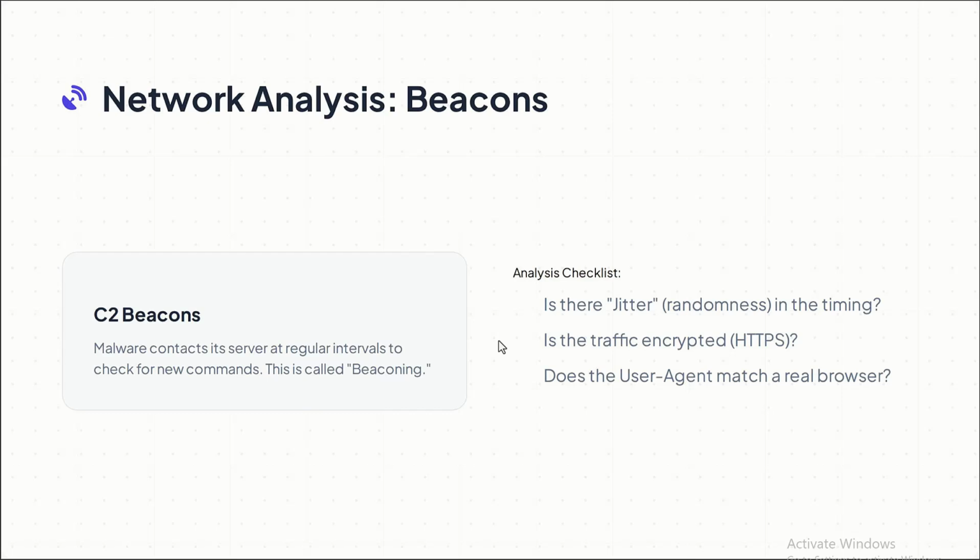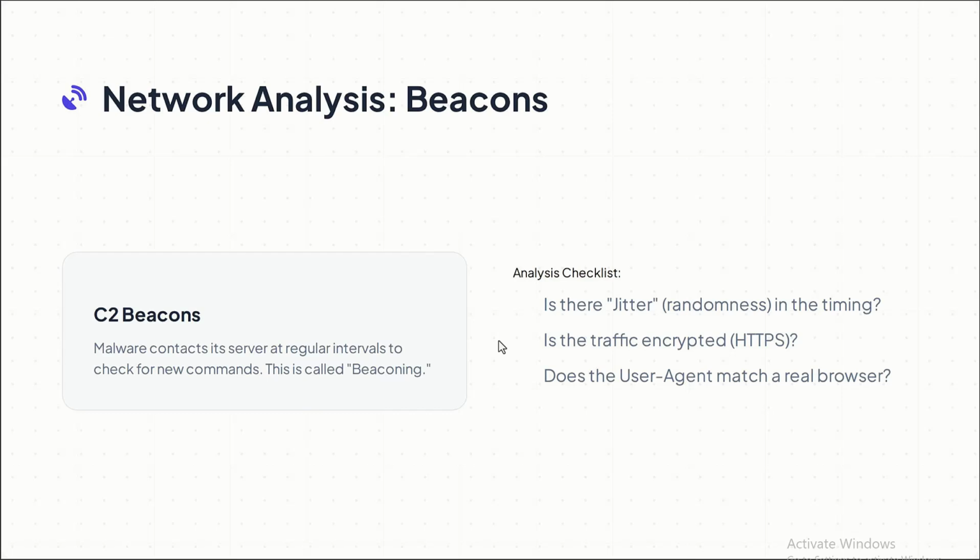Well, regarding network analysis beacons, a beacon is simply like a light that is just checking in. The C2 beacons are malware contacting its server at regular intervals to check for new commands. This is called beaconing.